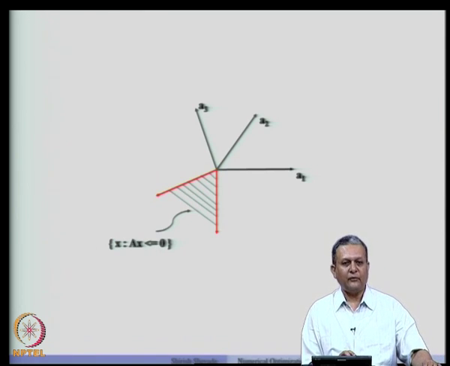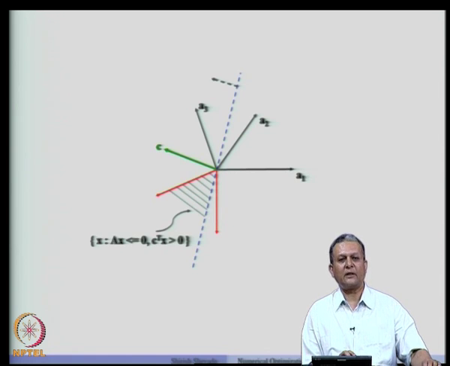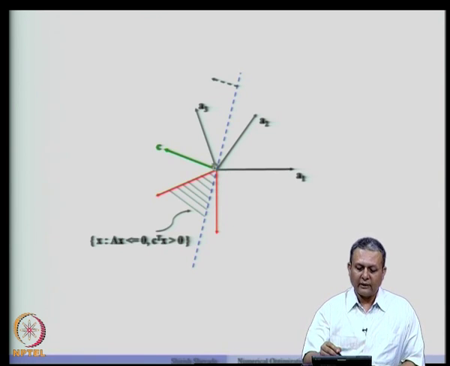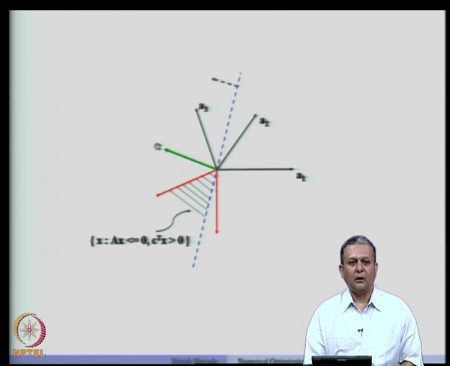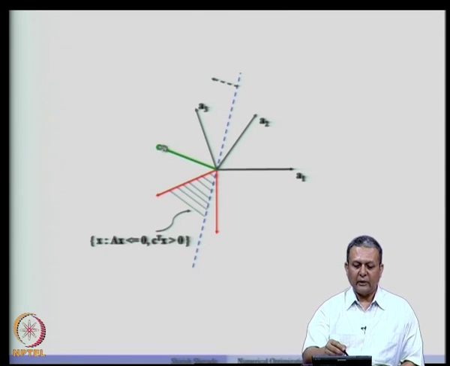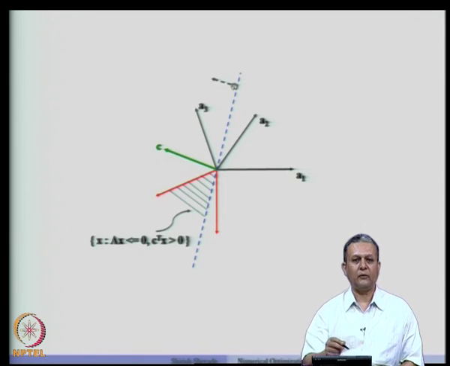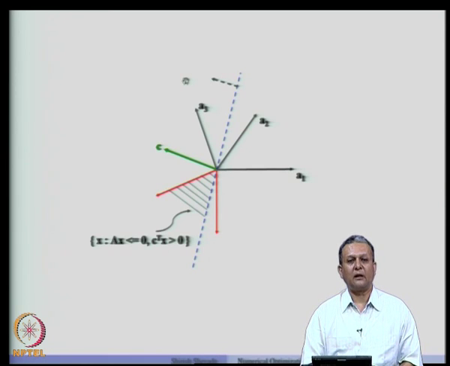Now, the other half says that C transpose x greater than 0. Let us assume that the vector C is like this. Since C is pointing like this, C transpose x equal to 0 is the hyperplane which is shown here with a dotted line, and this part of the half space shows C transpose x greater than 0.